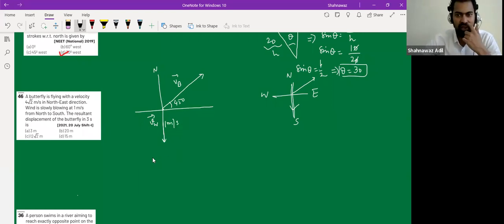So this has two components. Okay. This is not in the X direction or Y direction. So we will use the universal vector representation. Right. So now a question for you guys.